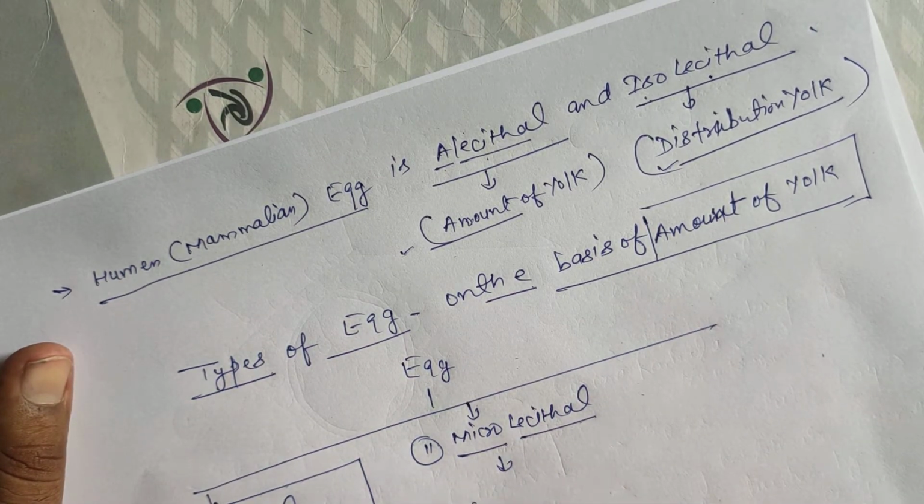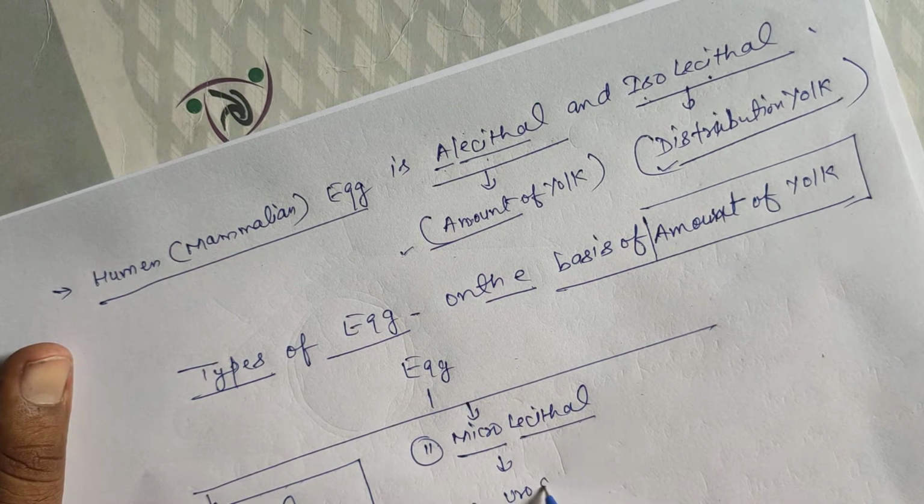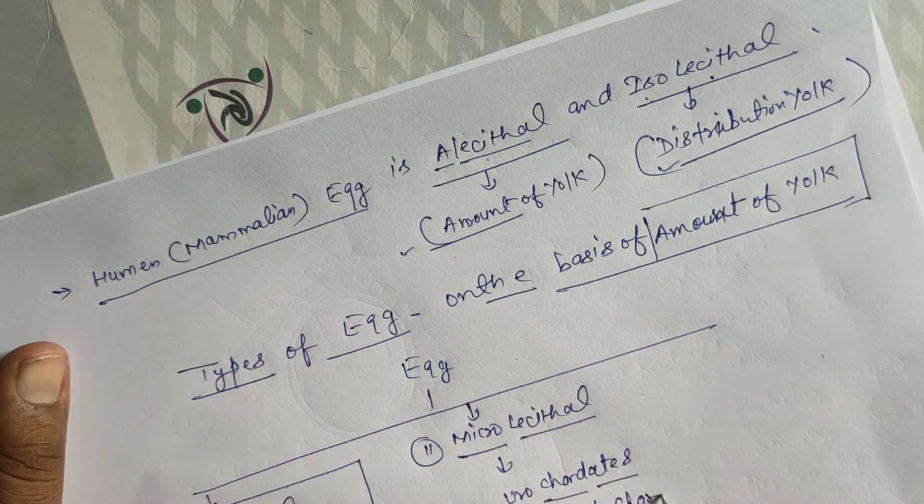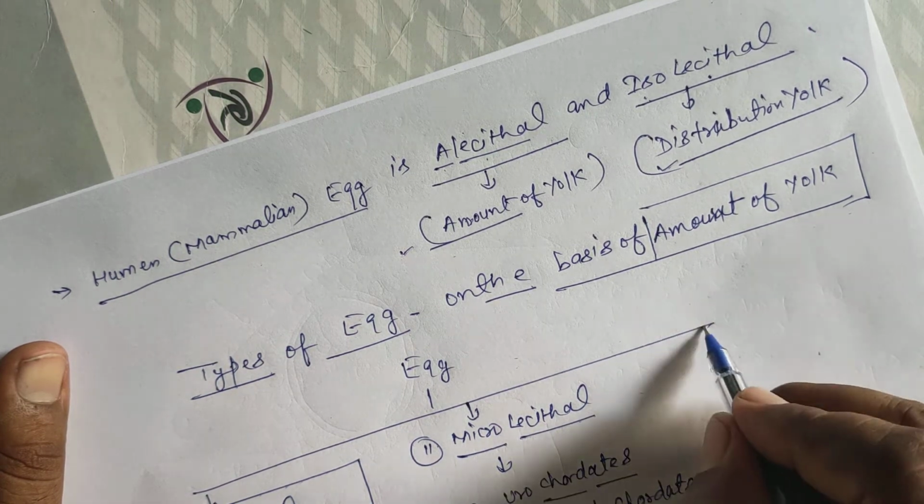For example, urochordate. Uro means tail, string bearing organism. Next, cephalochordate. Cephalo means head, chordate means notochord or string bearing animals.